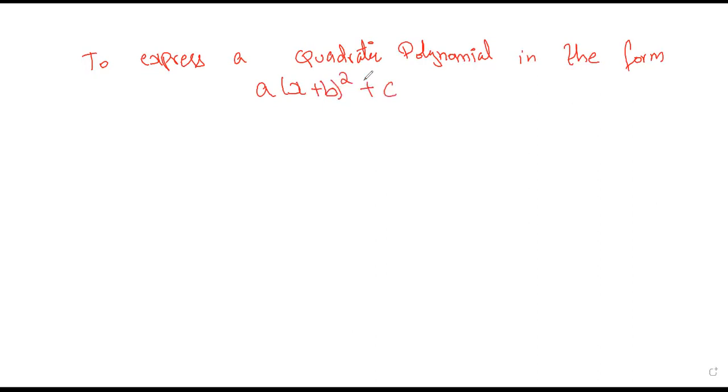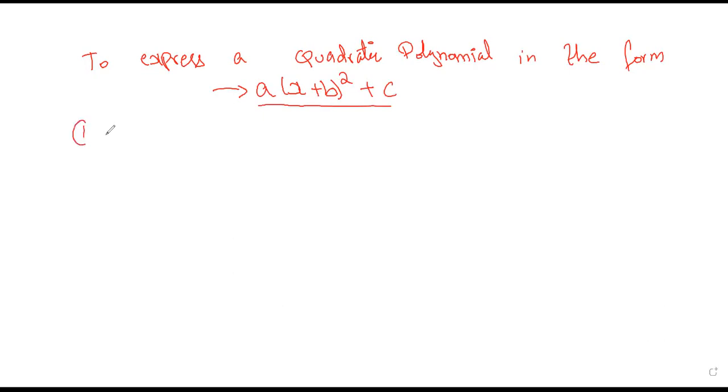Obviously, this is also a quadratic expression, but whatever quadratic expression is given, you need to express it this way. I'll give you an example and then you will understand.